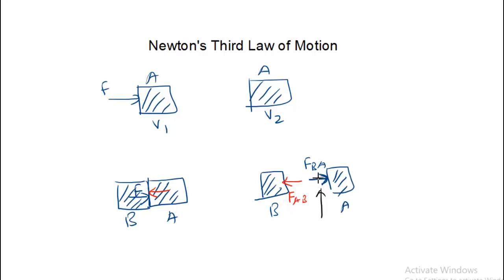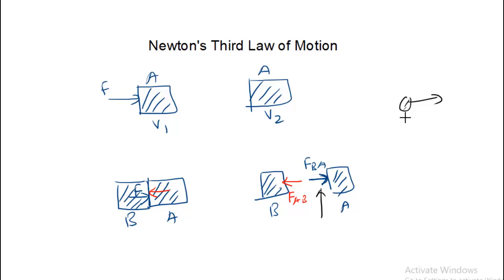Here FBA is the action force which is required to change the velocity of body A. At the same moment, the reaction force from A to B is also acting. We can experience this. If you hit a ball with your leg, the ball, a football, will move away, but at the same time our leg also feels some hurt, or a push from the ball.